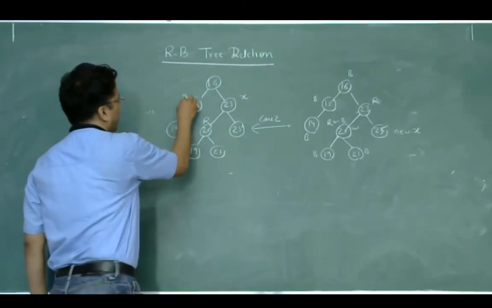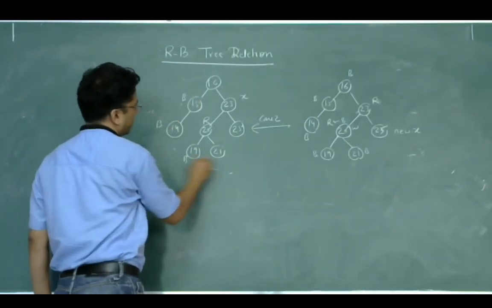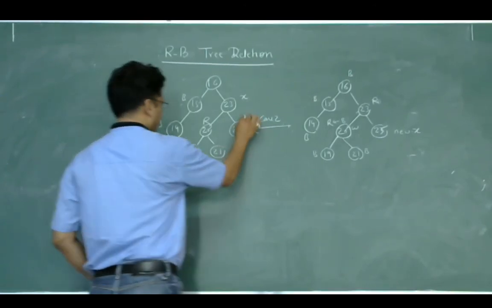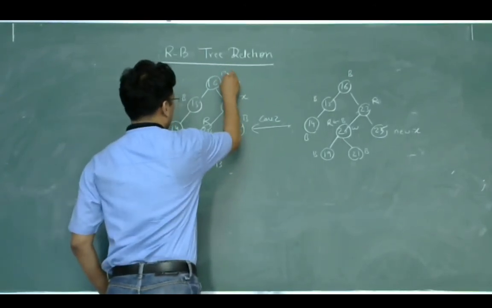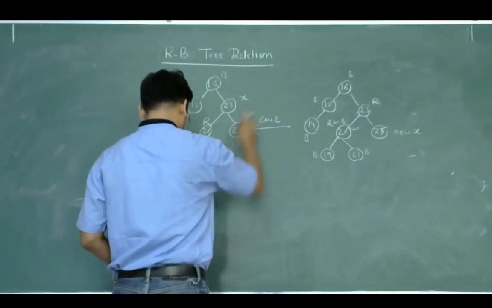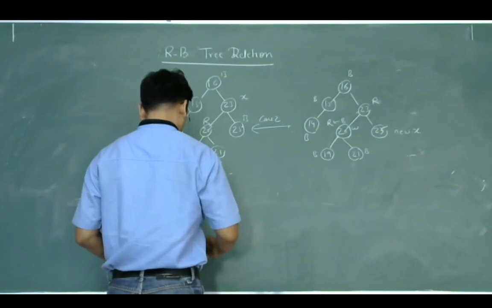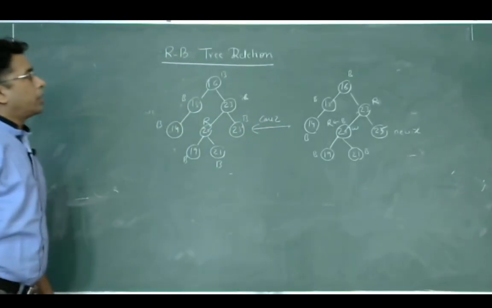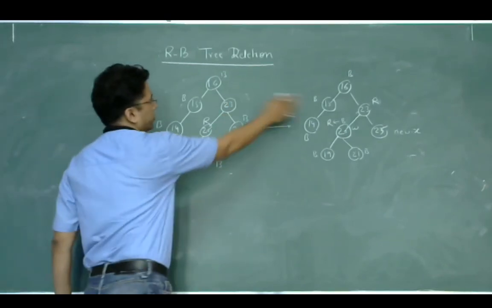All these nodes are of black color, right? Black, and this is black. This is 23, and this is of red color, right? After this it was red here.